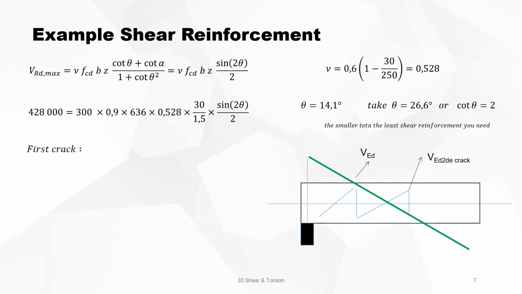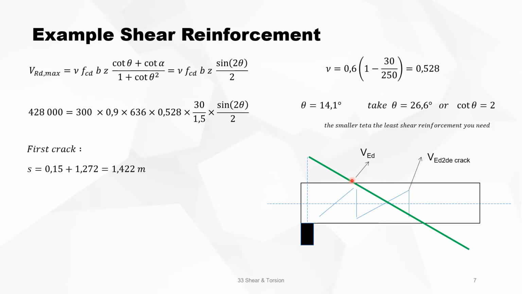Now, for the first crack, if this is the beam, this is one support, this is somewhere along the beam. Then we will see if this is the system. Here s is 0. Then this is the diagram of shear force. We will see at the first crack, at d cotangent theta from the crack, we calculate VEd.